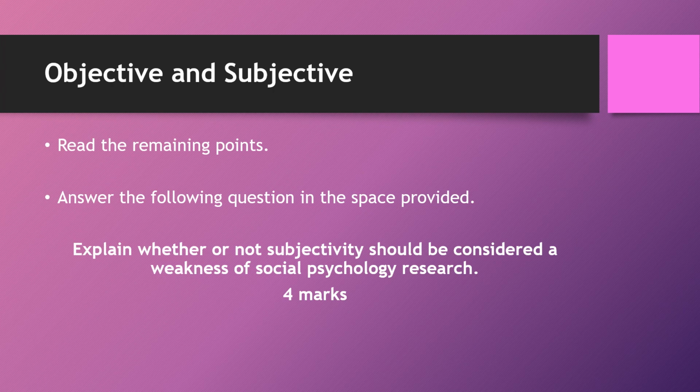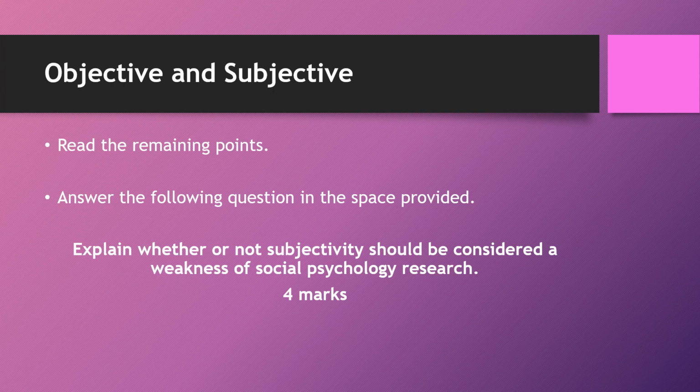So you do need to make links to topical areas within the subject. So you may be talking about subjectivity being totally fine if you want to know why somebody may feel prejudiced towards another person. It therefore gives you that qualitative insight into their thoughts and feelings, which is actually what you're looking for in social psychology.